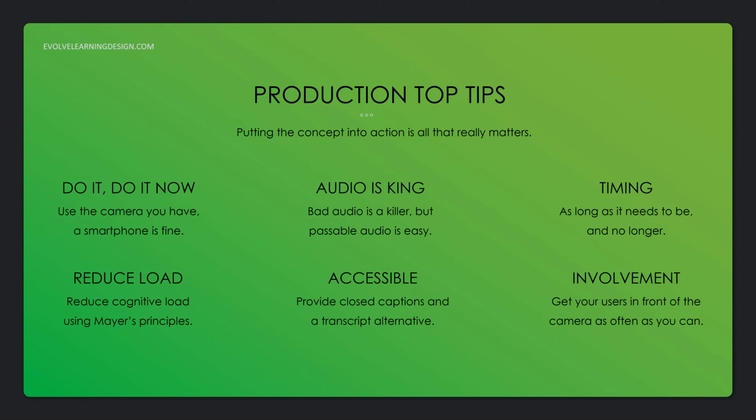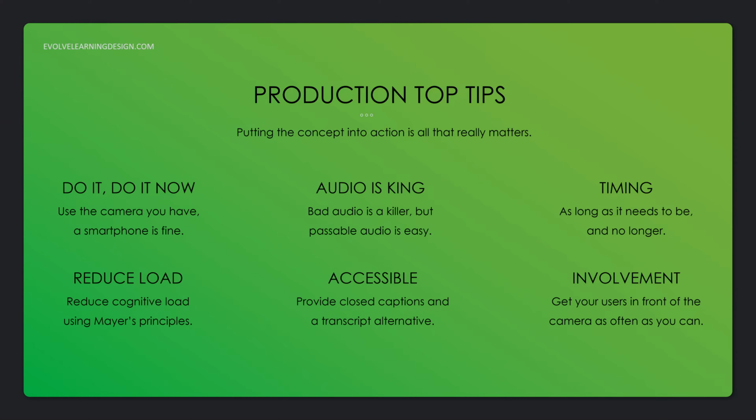And remember, no matter what you're filming on, audio is king. Bad audio is the #1 killer of videos. Passable audio is so easy these days. If you're recording on a quote-unquote real camera, then you'll have microphone inputs so that you can cable those up properly, usually with XLRs or perhaps using lapel mics.